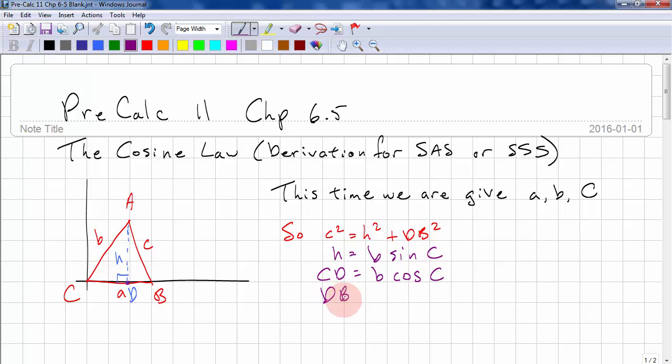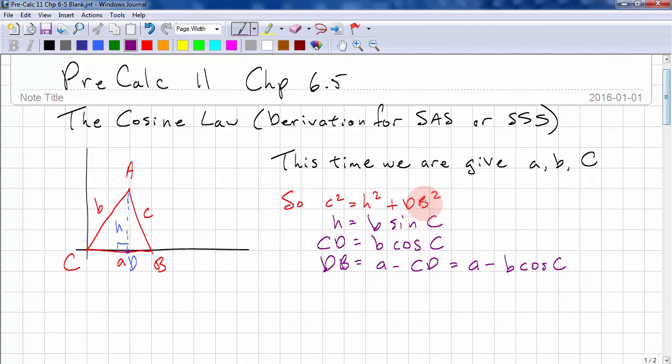And DB equals a minus CD. So DB, the length of this side, is this whole length minus this length. Therefore, DB is also equal to a minus b cos C. We're simply substituting this in for CD.